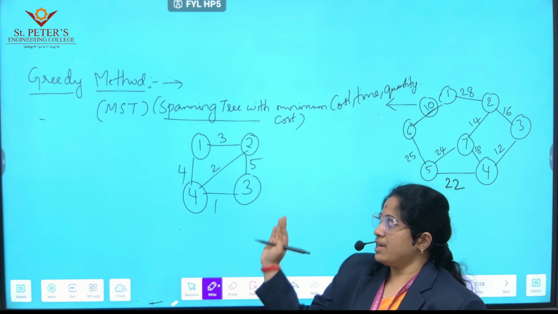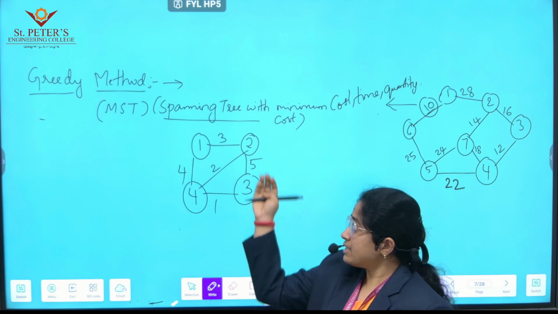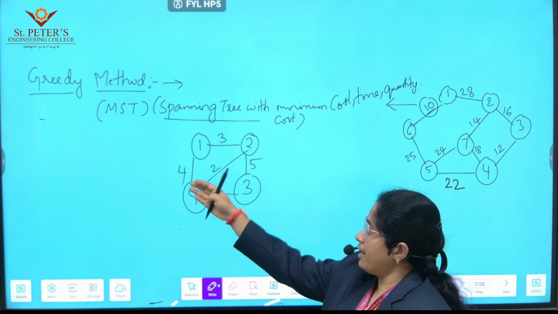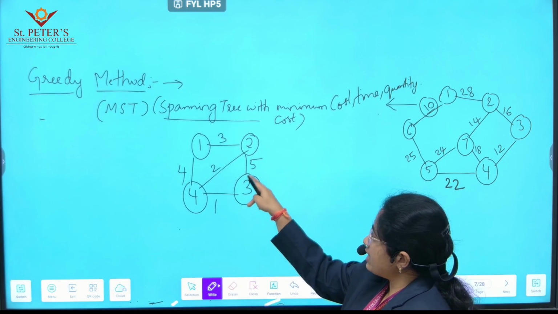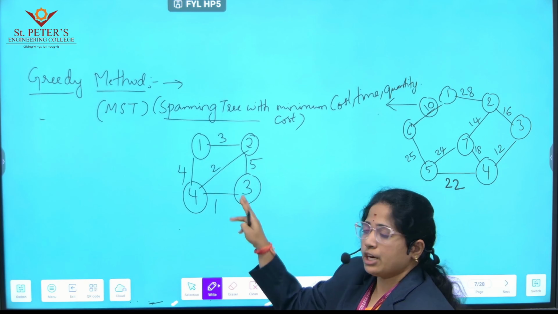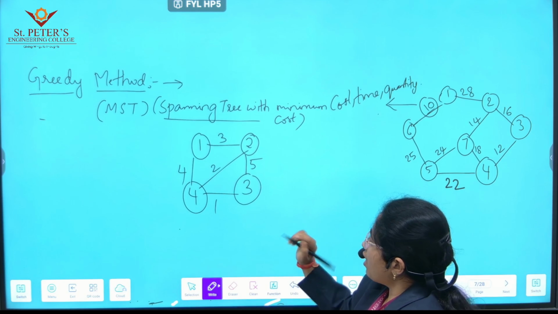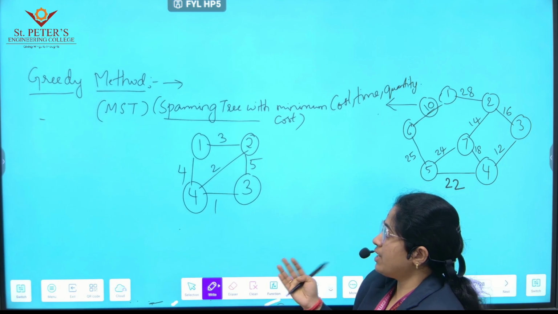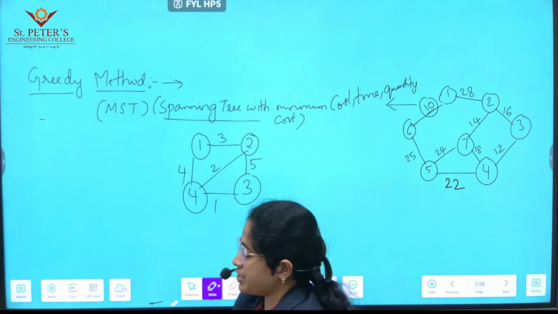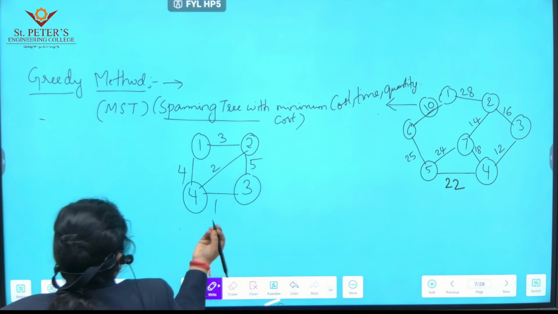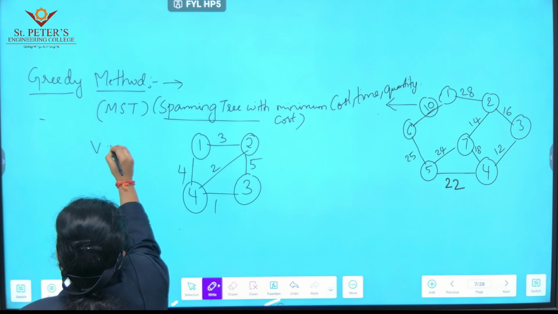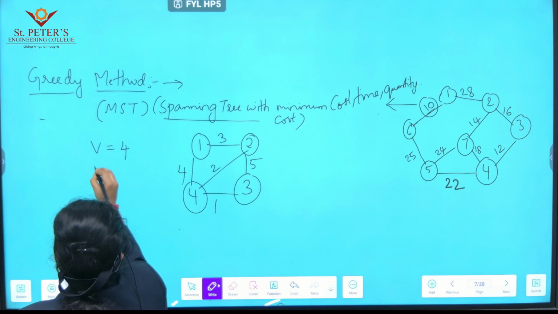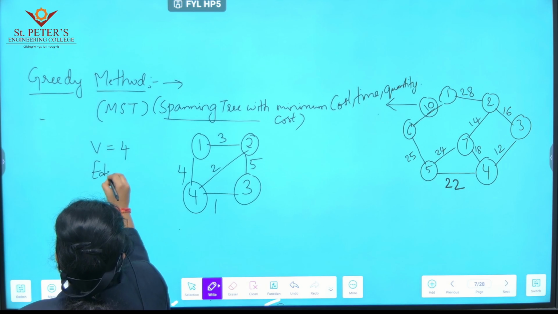Here I am considering a small graph with 4 vertices and 5 edges, and each edge has a particular cost. By seeing this we will know the initial condition: how many vertices are there? 4 vertices. How many edges are there? 5 edges.